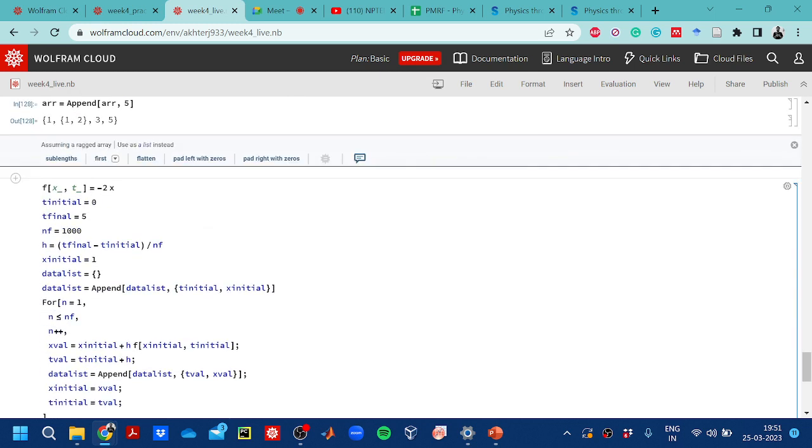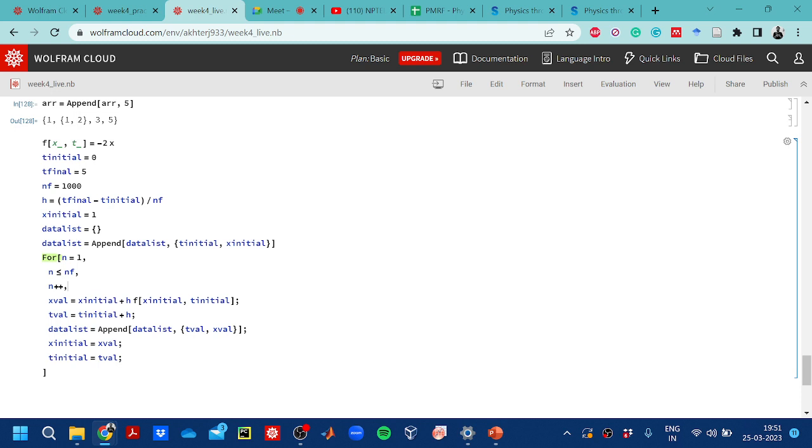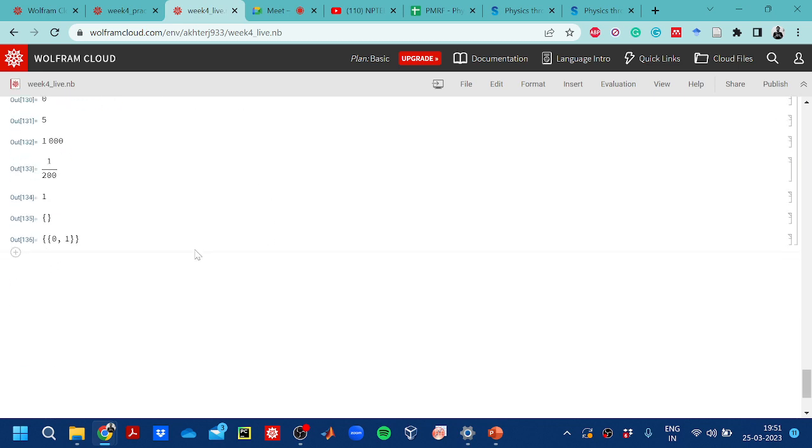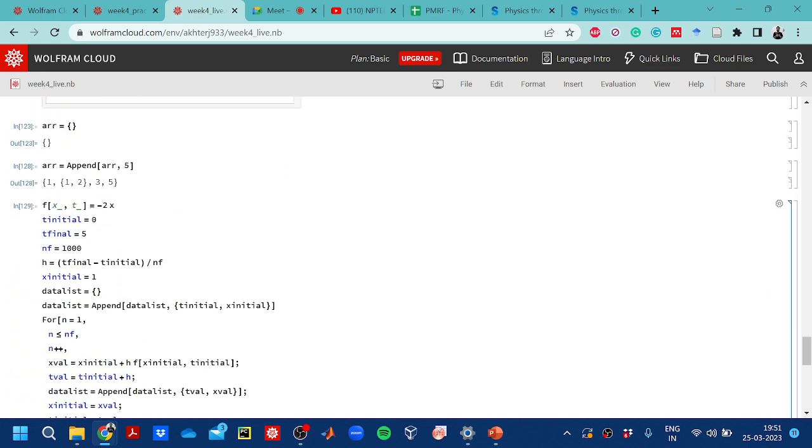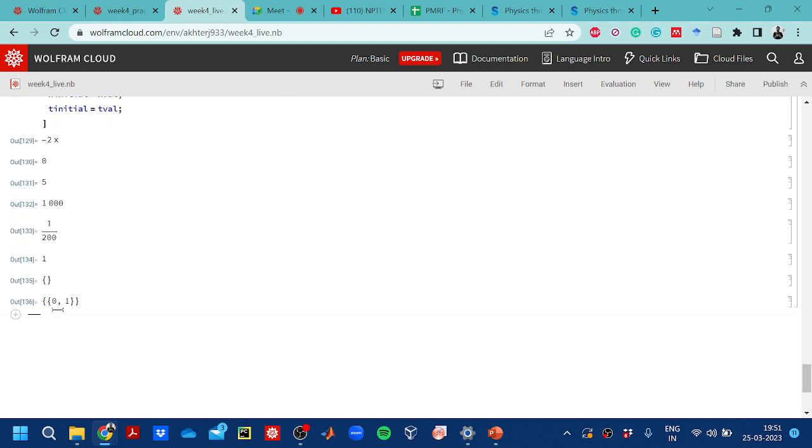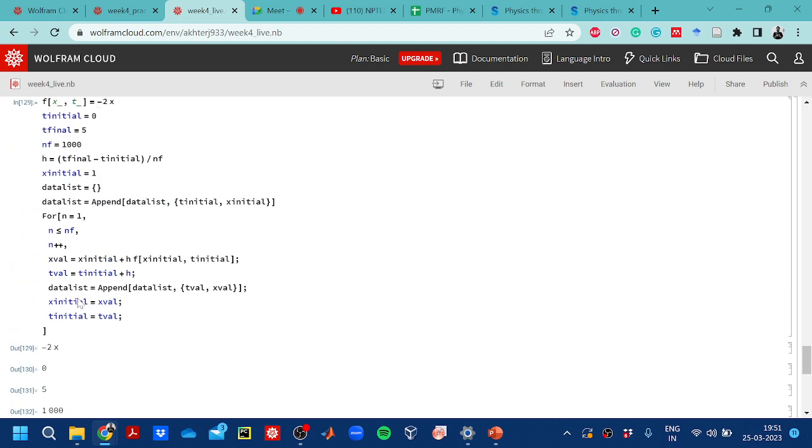So in the array, first we are appending our initial condition, that means our initial time and our initial displacement. If we execute this, you can see that initial time 0 and initial displacement 1 have been appended to our given array.